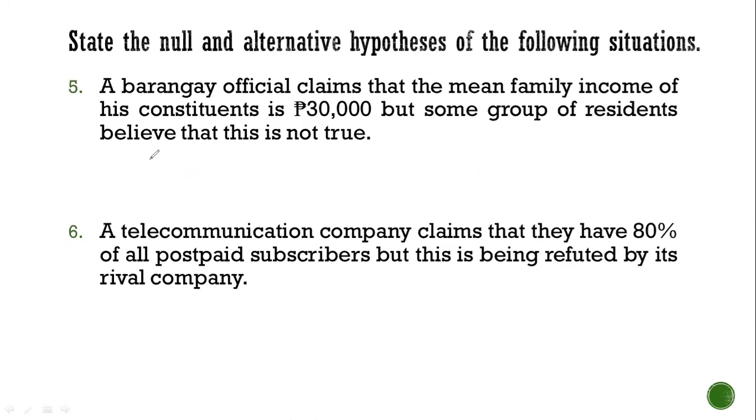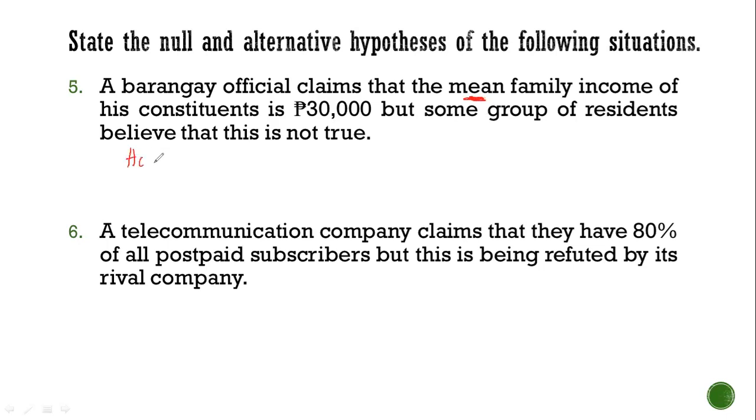Ayan. So a barangay official claims that the mean family income of his constituents is 30,000 pesos. Sana all. But some group of residents believe that it is not true. Okay, so for number 5, is it mean or proportion? Obviously, may nakalagay na mean dyan.